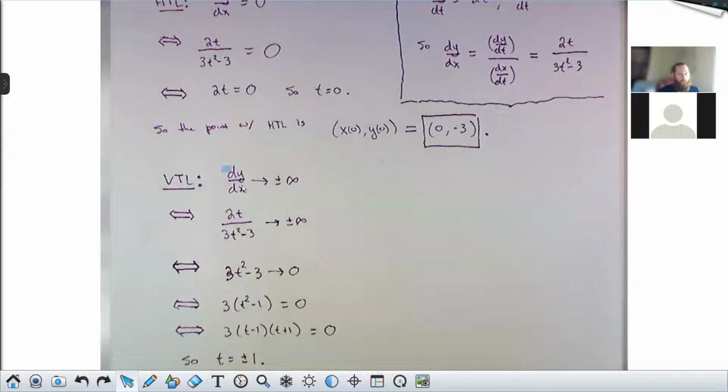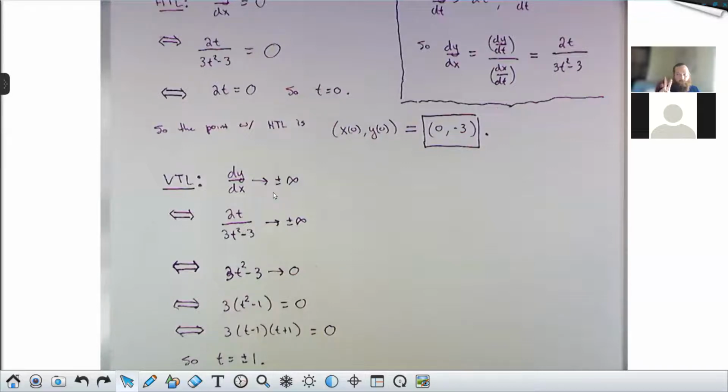So the slope of my tangent line, dy dx, will blow up to infinity when the denominator, 3t squared minus 3, goes to 0. That denominator will go to 0 as t goes to plus or minus 1. So when t is equal to 1, dy dx is blowing up to infinity. When t is equal to -1, dy dx is blowing up to infinity.